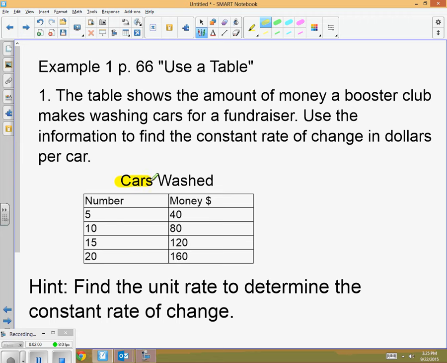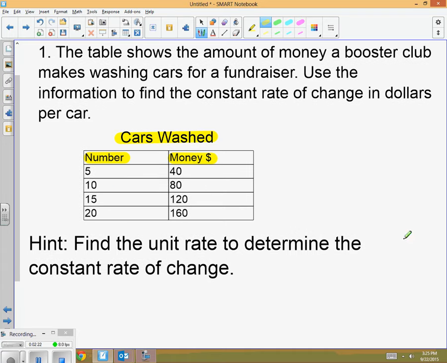So here is our table for cars washed. The number of cars is listed below, and the money that they earn is shown to the right. So for washing 5 cars, they make $40. 10 cars, they earn $80, and so on.